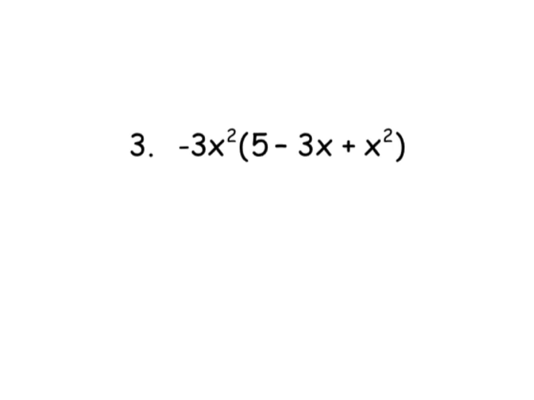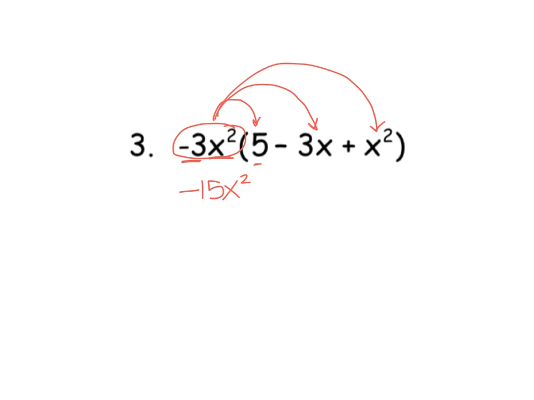In our last example, we are multiplying -3x squared by each term inside the parentheses. So I'm multiplying -3 times 5, which is -15x squared. Then I'm multiplying -3x squared times -3.